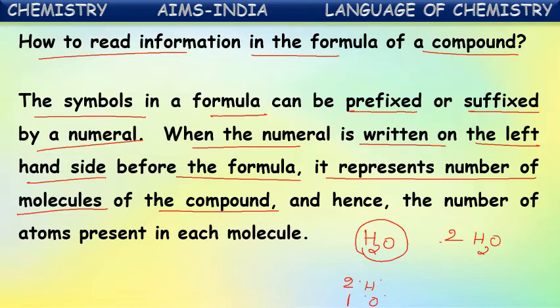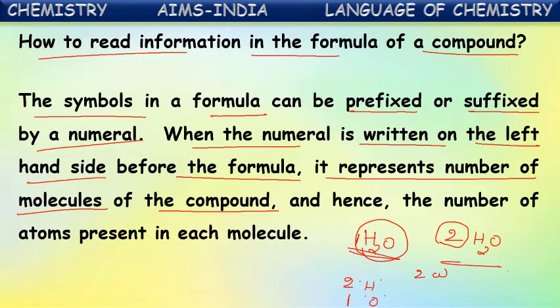These two I wrote before the H2O molecule. It represents the number of H2O molecules. How many H2O molecules are there? Two water molecules are present. Here nothing is there, which means one, like here it is one water molecule. Here two water molecules. So is it clear?